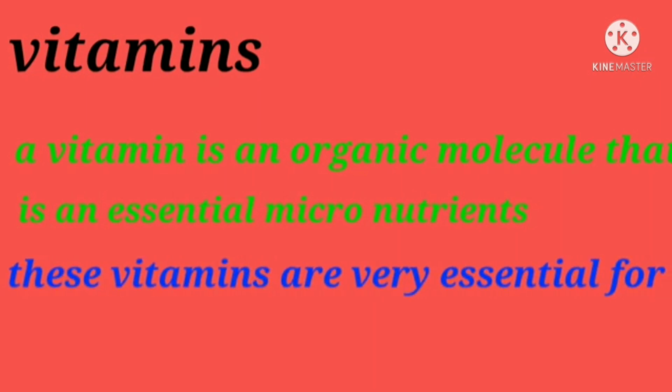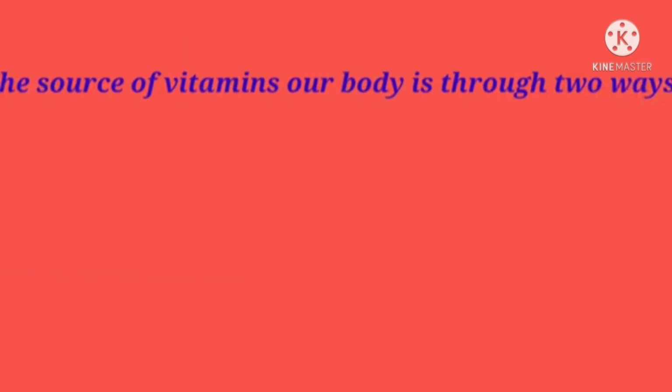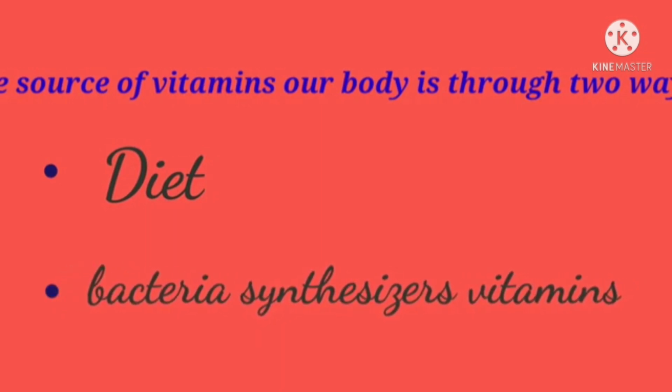These vitamins are very essential for every organism in small quantities. The source of vitamins to our body is through two ways. One is diet and the other is that some bacteria synthesize vitamins in our body.